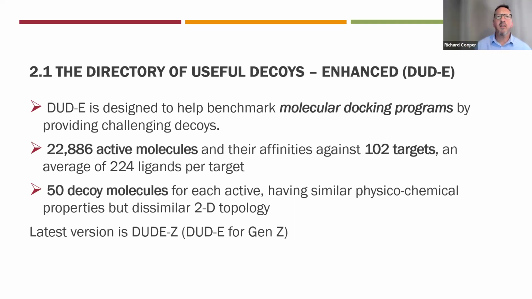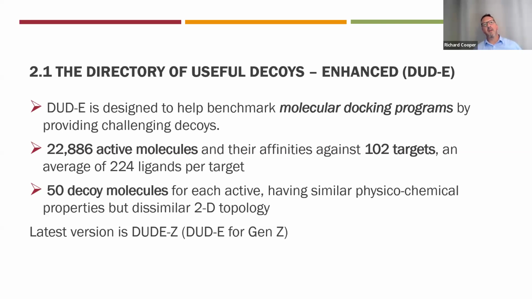So DUD as a dataset was designed to help benchmark molecular docking programs by providing challenging decoys. It has 22,000 active molecules and their affinities against 102 targets, which gives it an average of 224 ligands per target. So you can see why this is such an attractive data set for people doing AI, because you've got tons of data to train your model on.